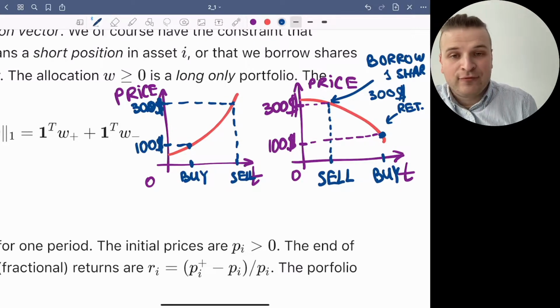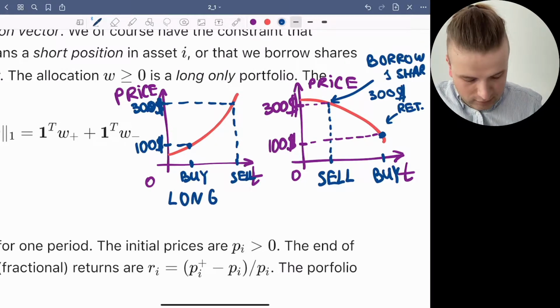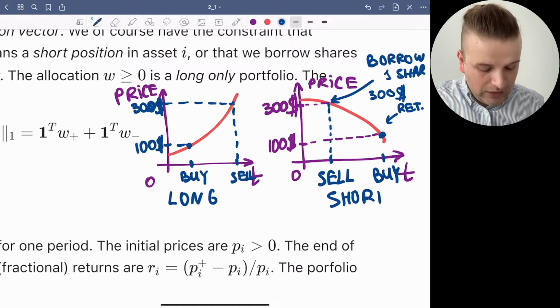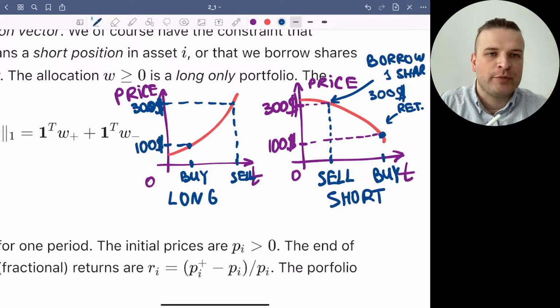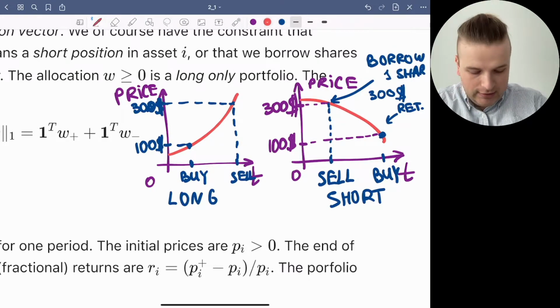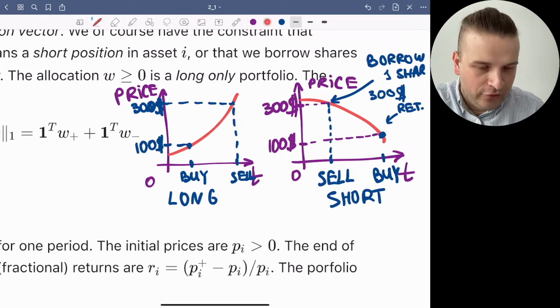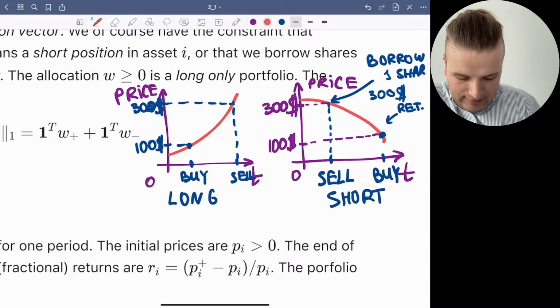This first kind of position is called a long position, but the second is called a short position, because typically you could borrow a share only for a short period of time.